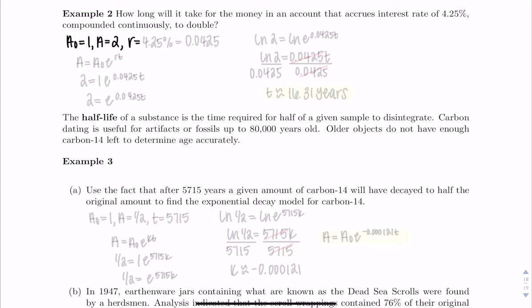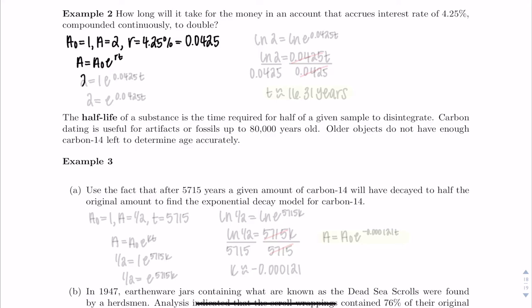My rate is 4.25%, but this needs to be in decimal form, so 0.0425. And we want to find t. We have A equals A naught e to the rt, because this is compounded continuously.